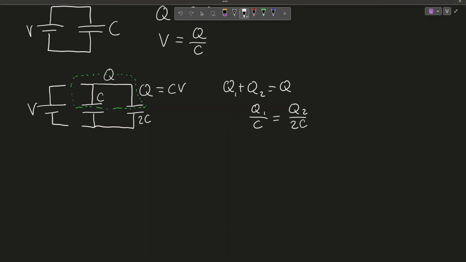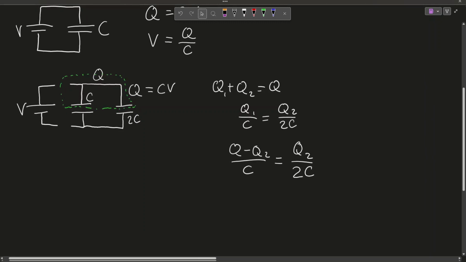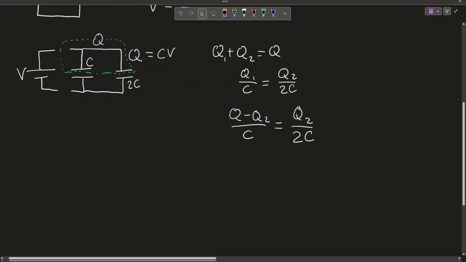So now this is pretty simple to just do some substitution. We can, for example, do Q minus Q2 over C is equal to Q2 over 2C. And then we just need to solve for Q2.